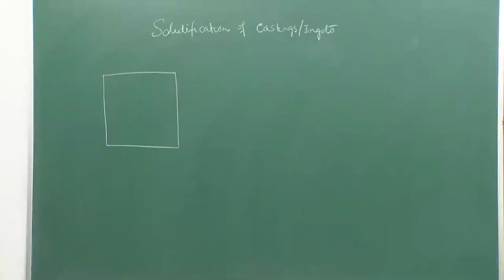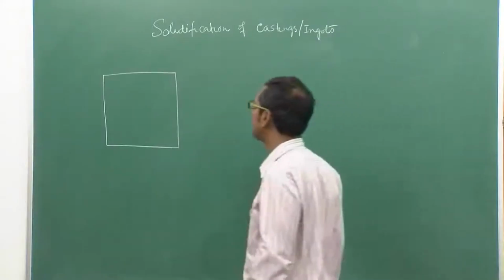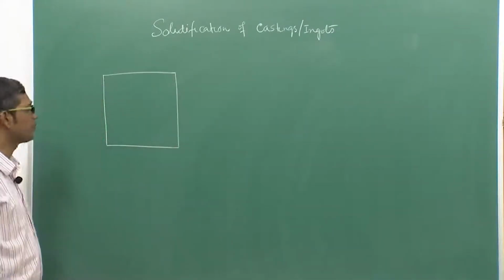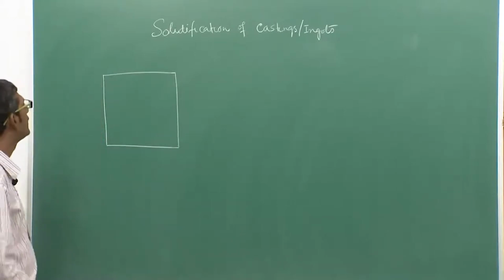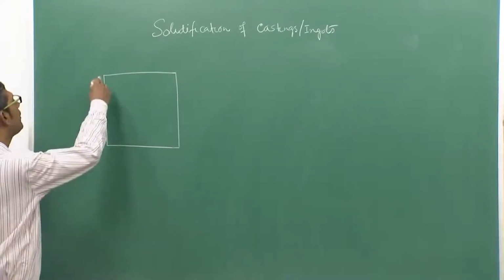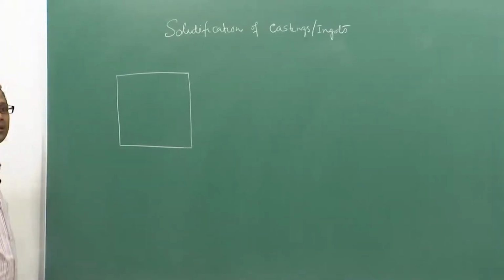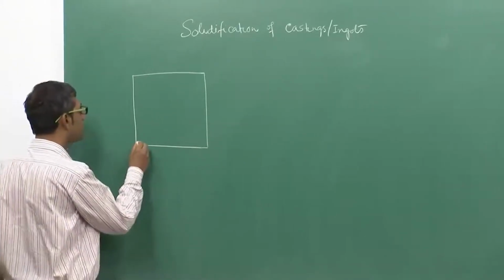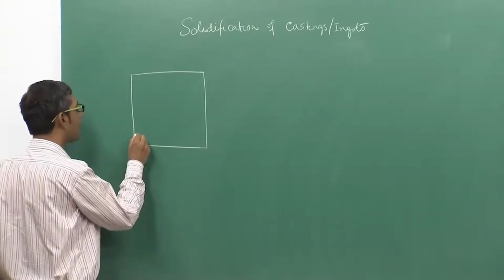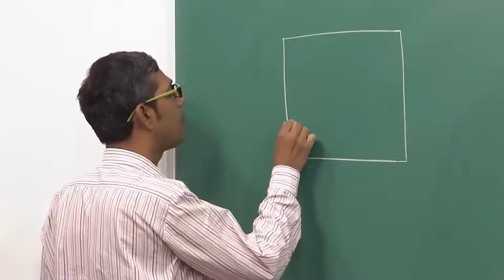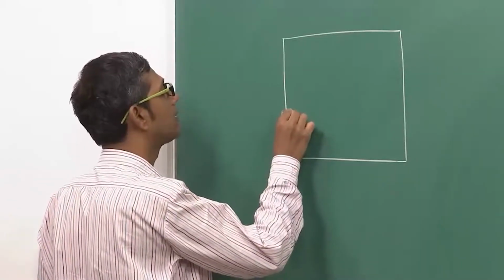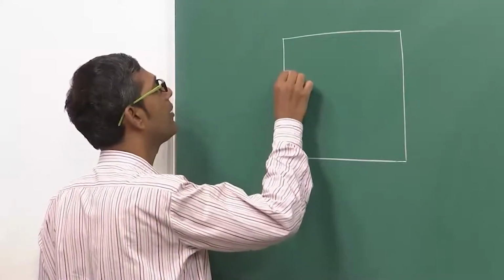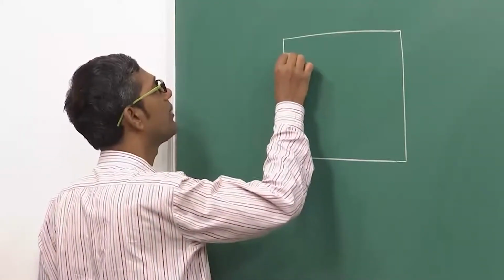So, if I pour a liquid into a big mold, it may be a metallic mold or a ceramic mold like a sand mold, what will happen? Immediately the liquid will come in contact with the mold wall and start solidifying. There will be very small crystals which will form. As you understand, at the walls there is no dearth of heterogeneous nucleation sites, a large number of heterogeneous nucleation sites are available.